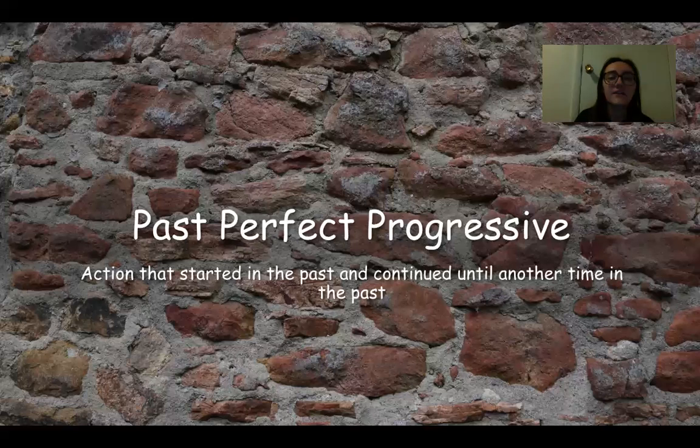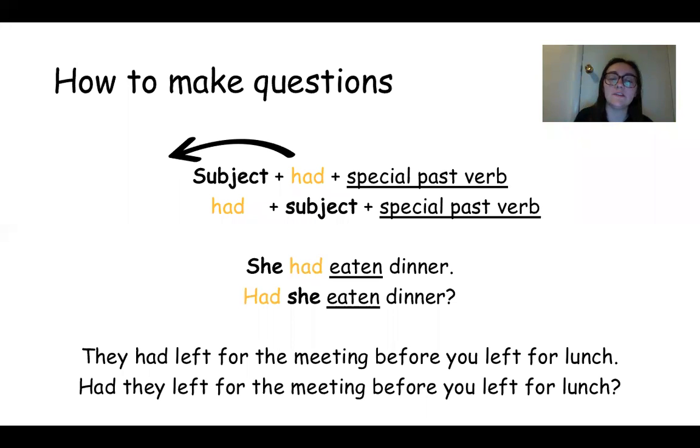So I think the big thing to remember about this one is you need to be talking about multiple, meaning more than one event in the past when you use past perfect tense. When you use present perfect tense, you can be talking about just one action that happened, right?